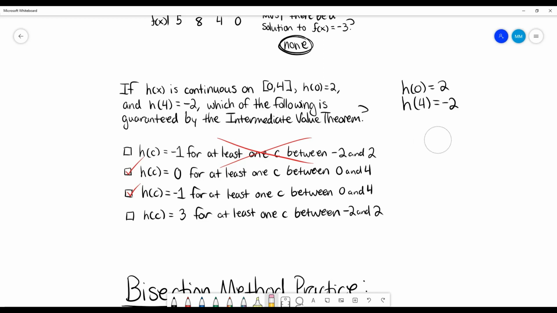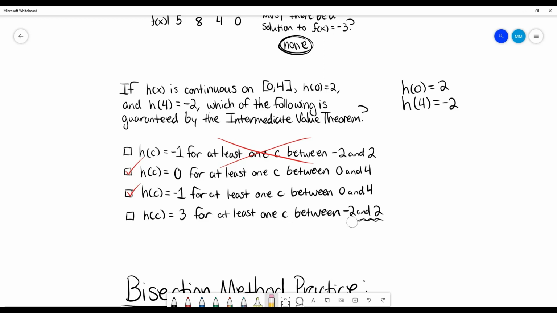And then finally, we've got some x value, c in h of c, that makes a y value of 3 for at least one c between -2 and 2. And again, this one's wrong because this is the range and not the domain. We want to be looking at c in terms of x, not our y.